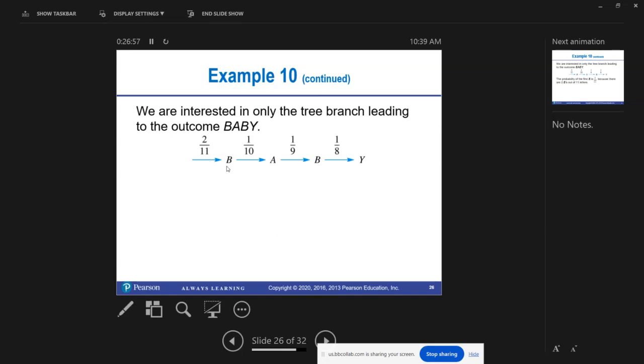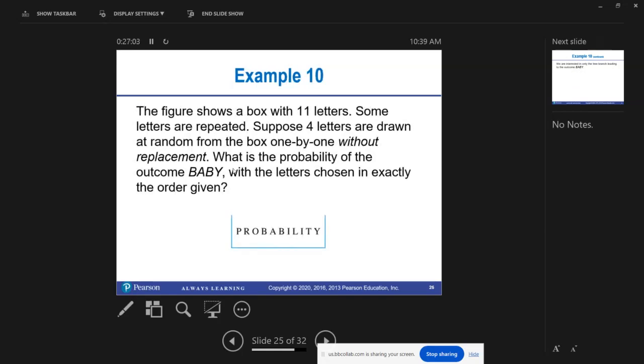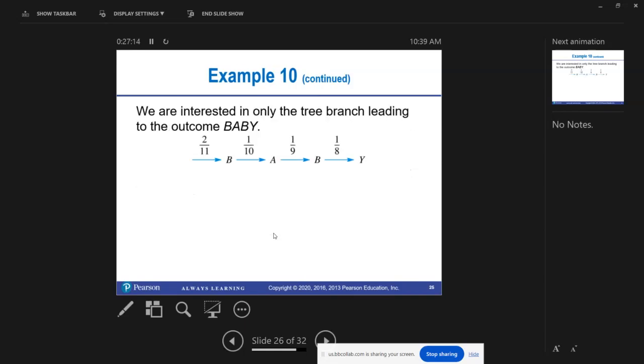So I have a 2 out of 11 chance of drawing a B. When I look at my letters here, how many A's do I have? Just 1. But remember, we didn't replace the first letter. So now I only have 10 letters in the box. So that's why this is 1 out of 10.